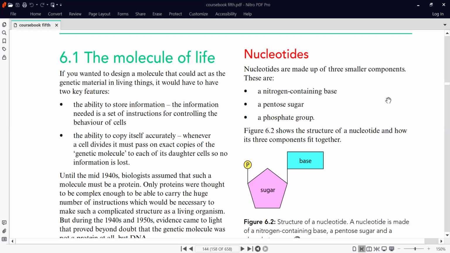We will see in this chapter that DNA is the genetic or hereditary material because it can copy itself accurately. There is complementary base pairing in DNA, which means adenine is always pairing up with thymine, and cytosine is going to pair up with guanine.